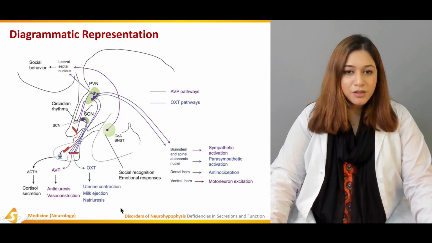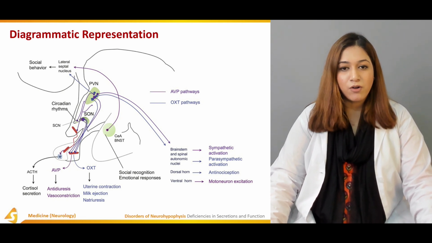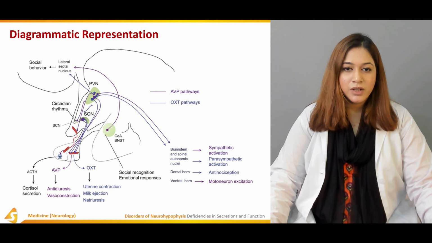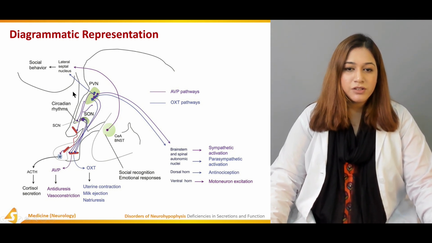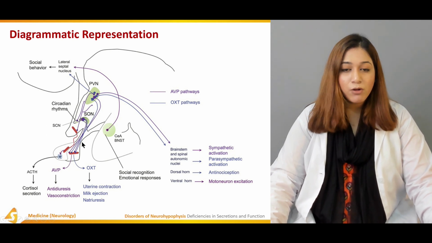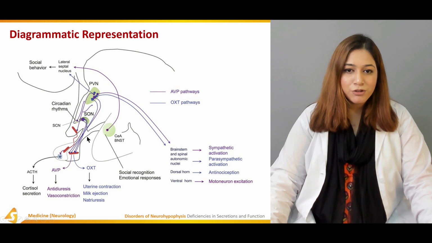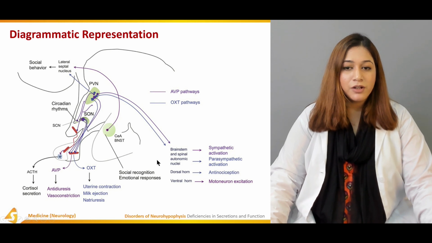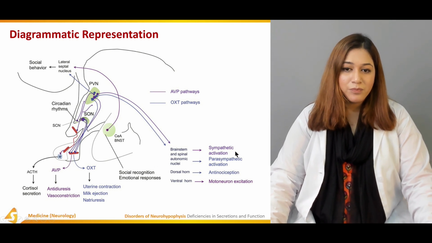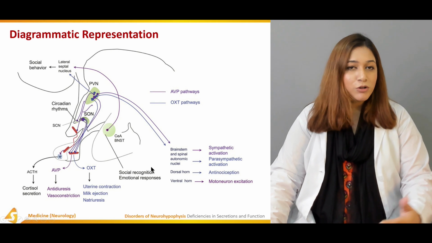So the other functions these hormones are performing are that they are also controlling the social behavior. They are controlling the circadian rhythms by acting on the suprachiasmatic nuclei. They are also controlling the body temperature of a human body. They are acting on the brainstem and spinal cord, and they are controlling the sympathetic activation through the autonomic nuclei.